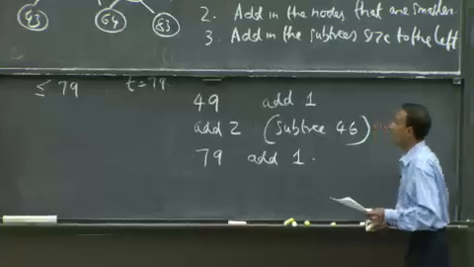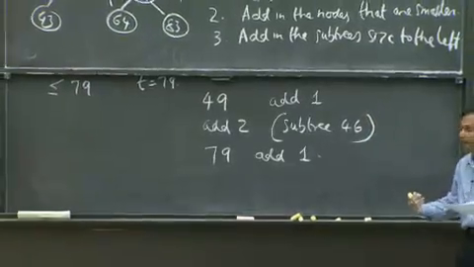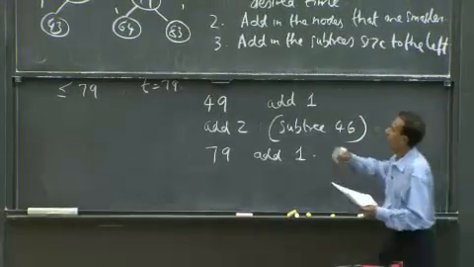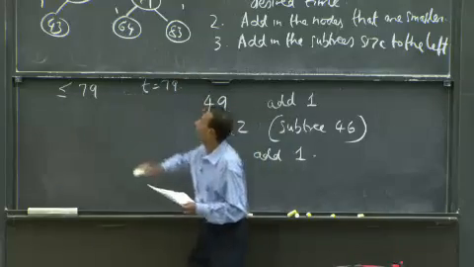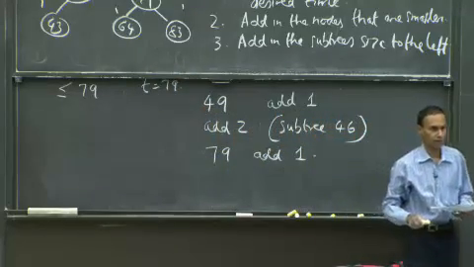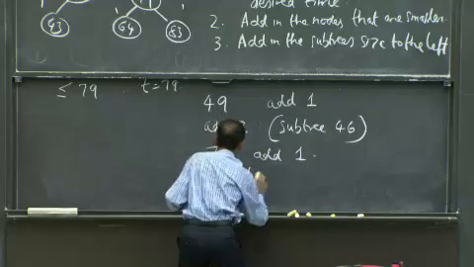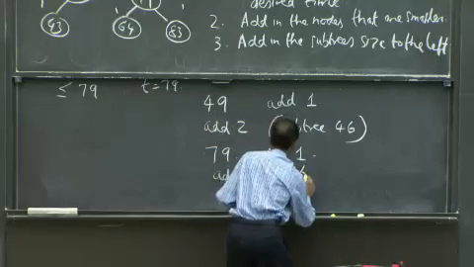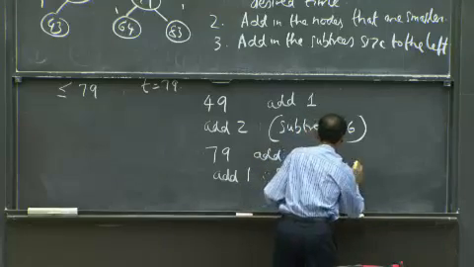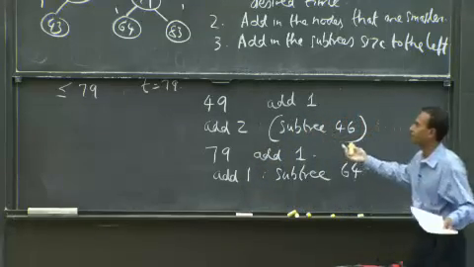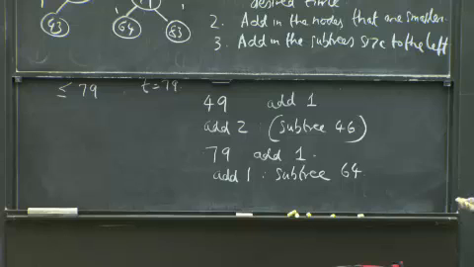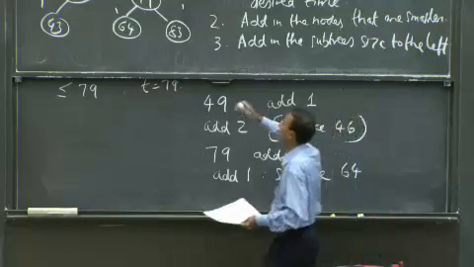All right? And because I've added 79, just like I did with 49, I have to add the subtree size to the left of 79. Okay? So the final addition is I add 1 corresponding to the subtree 64. All right? And at this point, I've discovered where I have to insert. I've essentially found the location. It matches 79.